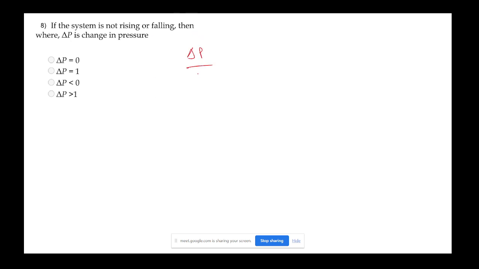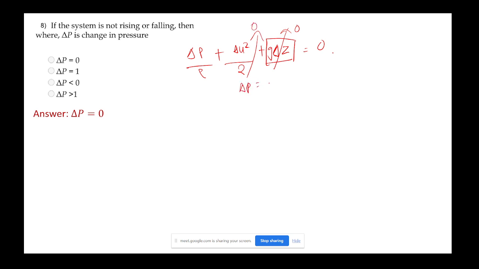If we look into Bernoulli's equation, since it is not rising, delta Z is 0, so this term is 0. And since there is no motion mentioned here, U also is assumed to be 0, which means delta P is 0.